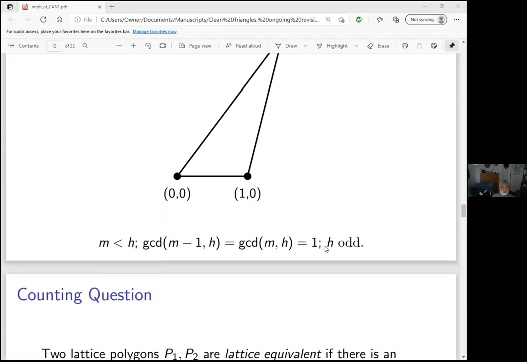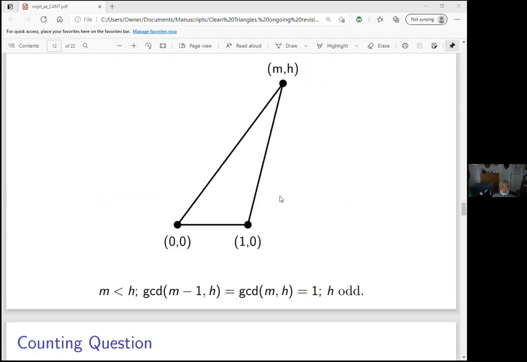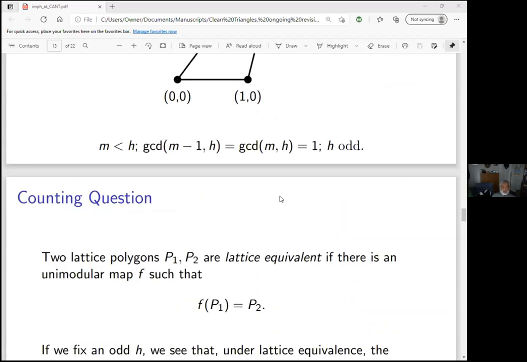Okay. So after looking at these triangles, we came up with the following question. Let me first tell you what we mean when we say that two lattice polygons are equivalent. Basically, it means that there's a unimodular map which maps one into another.